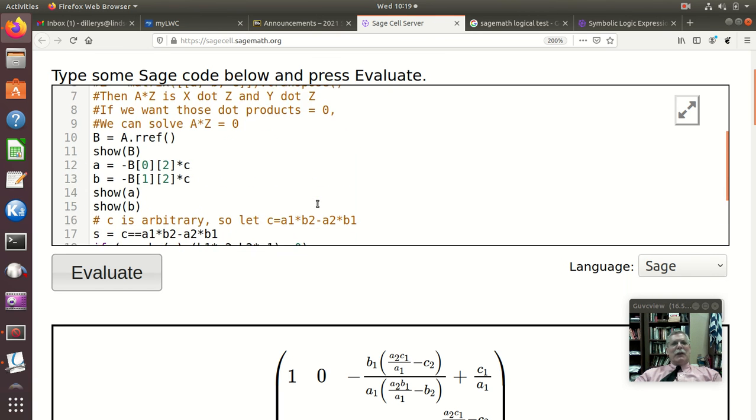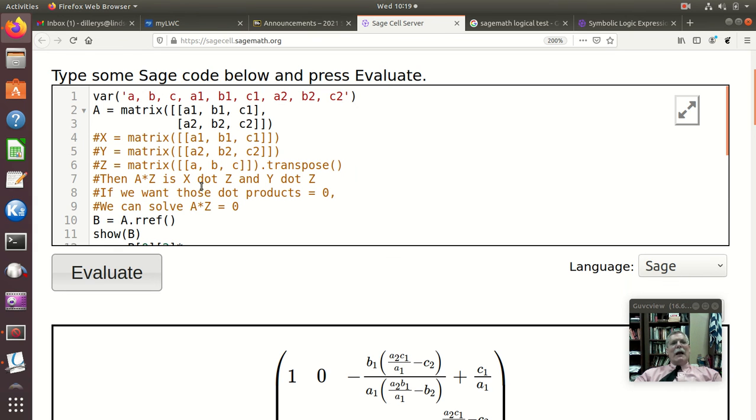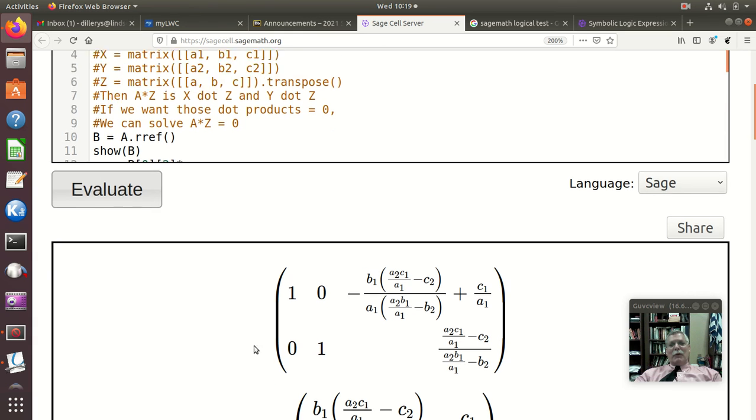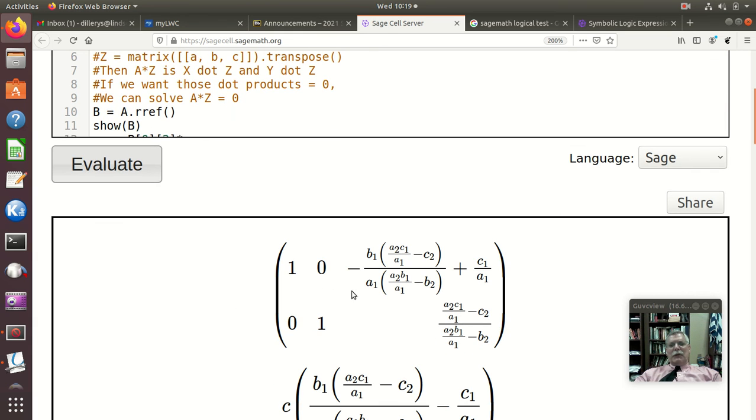And so you see, if I ask the question, how do I take these two vectors and find a third vector that's orthogonal, I have an infinite number of answers here, right? Because I can choose C to be arbitrary, but I get a particularly nice looking answer if I take C to be that determinant, and then that implies that A and B are also determinants.